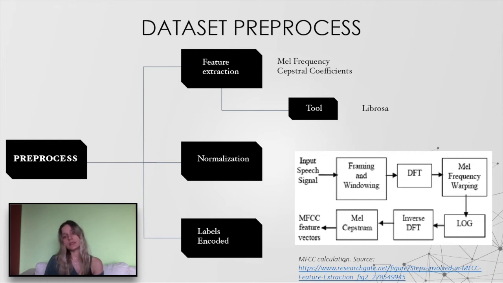So we use this famous library, which is Librosa. And then the dataset underwent normalization, since we had disparate values of MFCCs. And finally, the labels were encoded. English was 0, German was 1, and Spanish was 2.